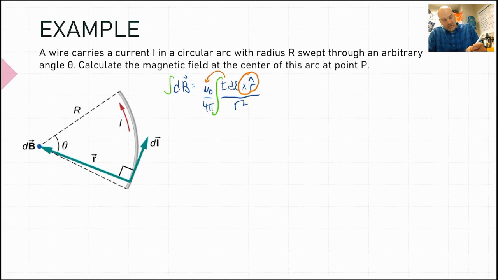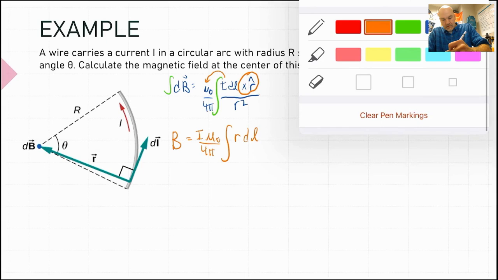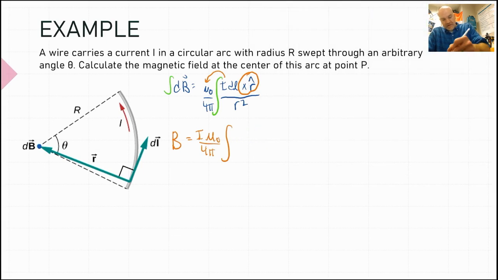And so we rewrite this as B equals I mu 0 over 4 pi, the integral of, oh sorry, not r dl, it's just going to be dl, right, over r squared. Okay, now, what is dl?